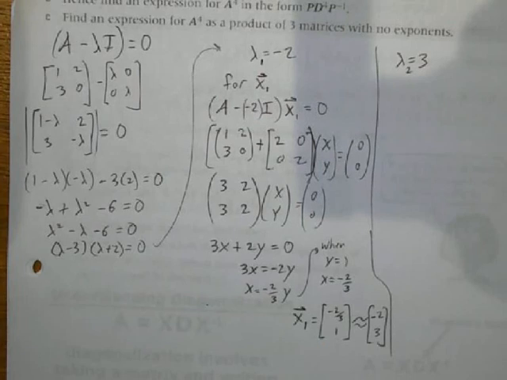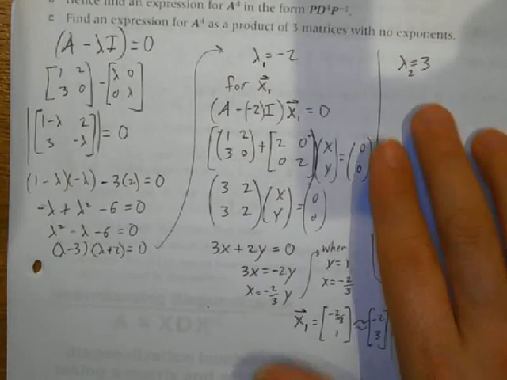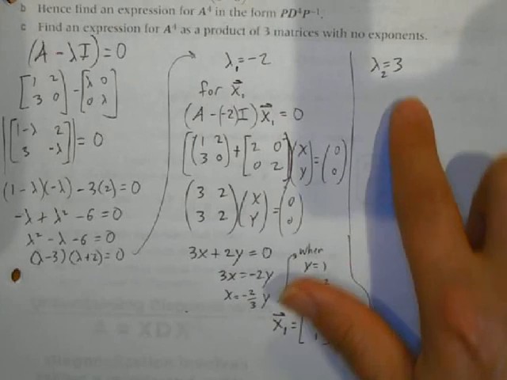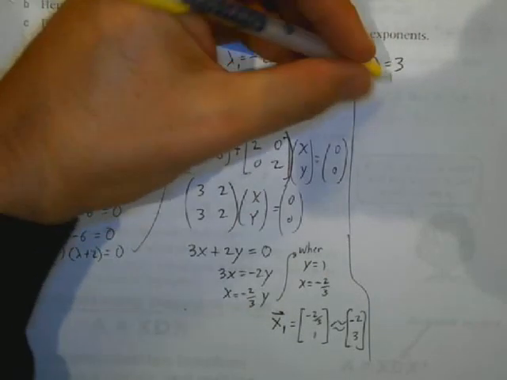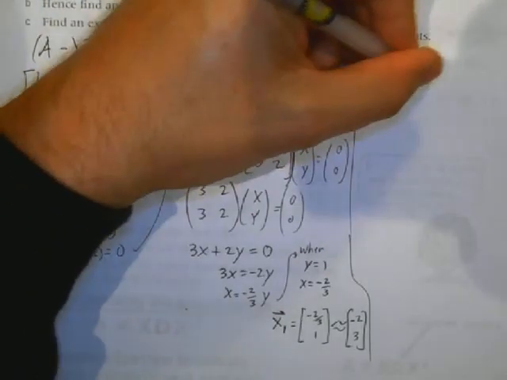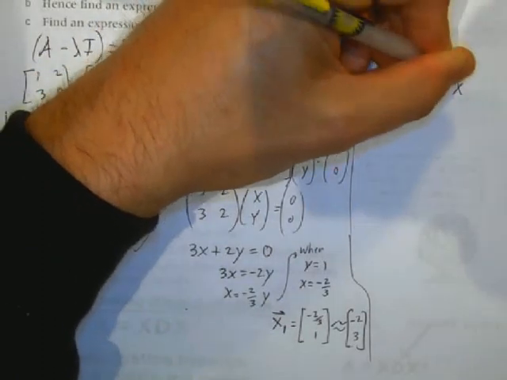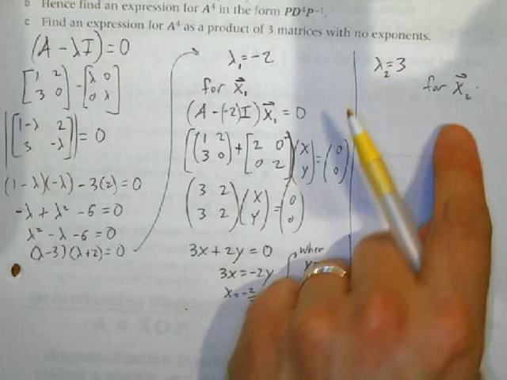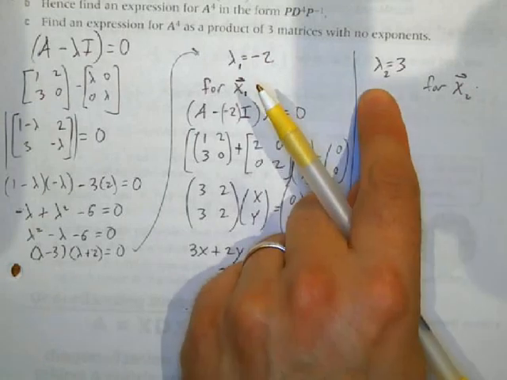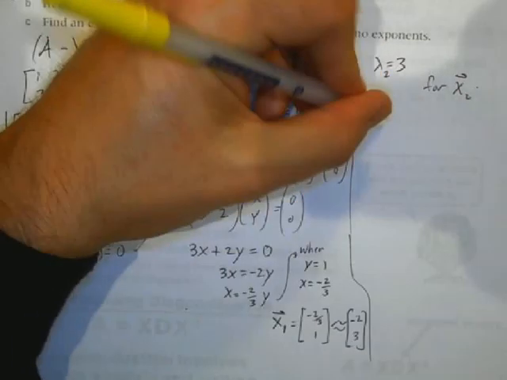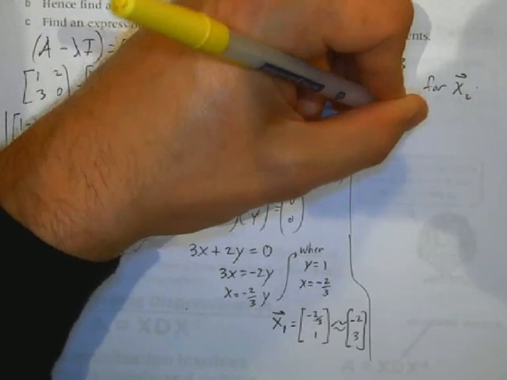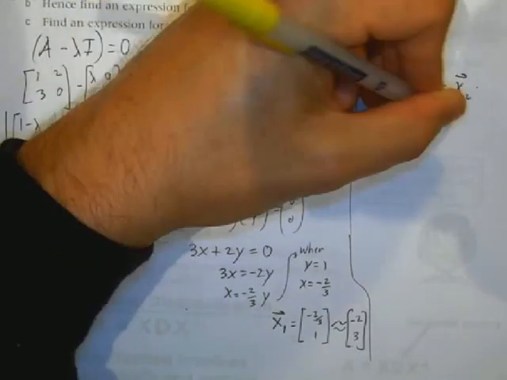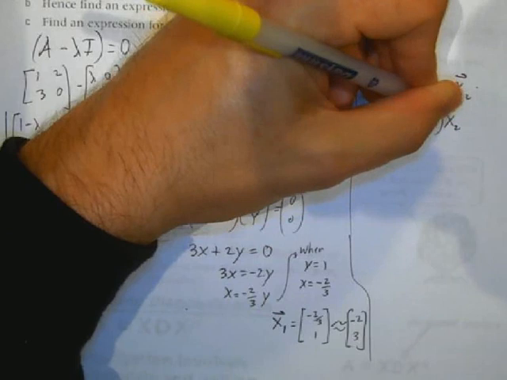Okay, so with the eigenvalue of 3, we do the same process for the eigenvector. We're trying to find the second eigenvector for the second eigenvalue. So A minus 3I times the second eigenvector equals 0.